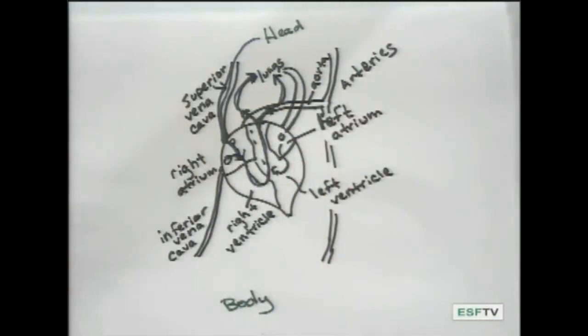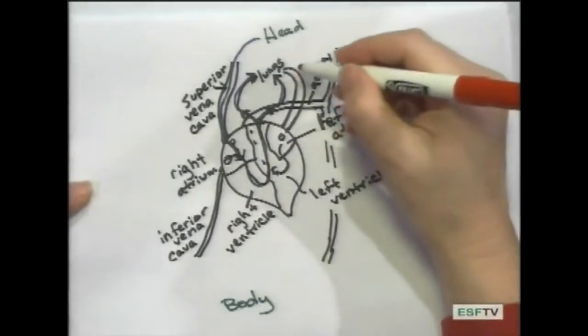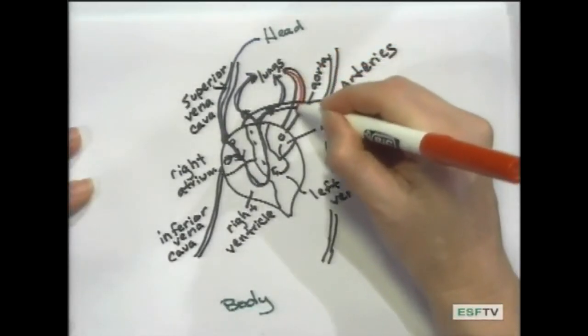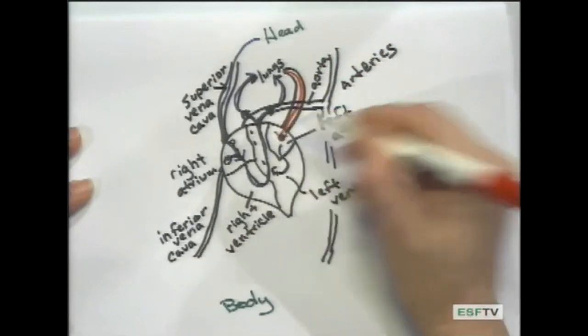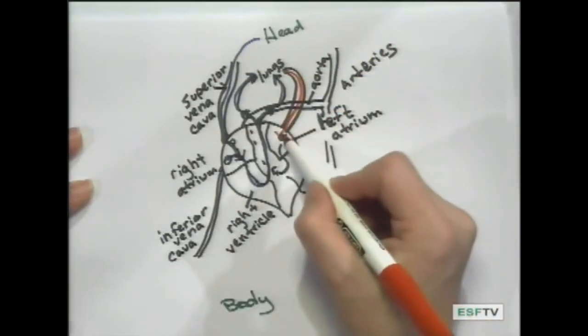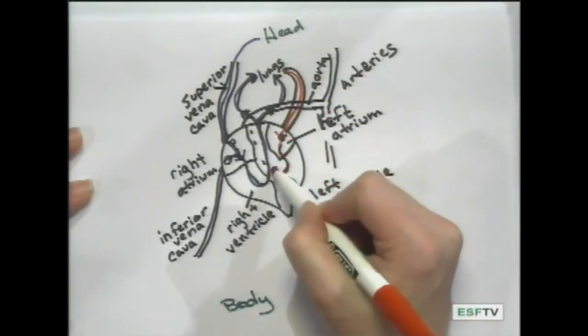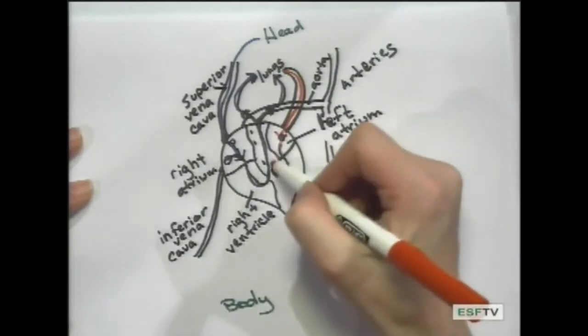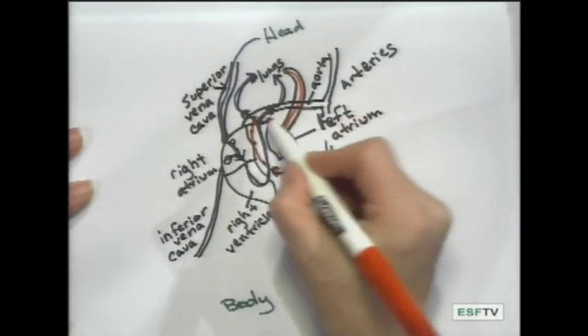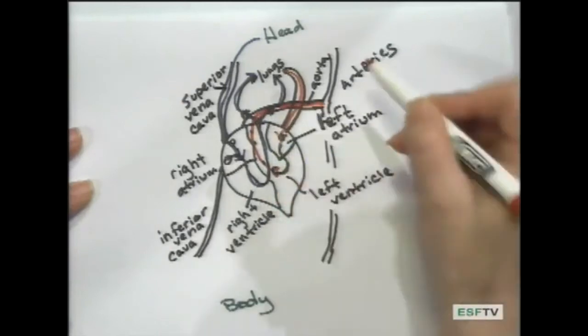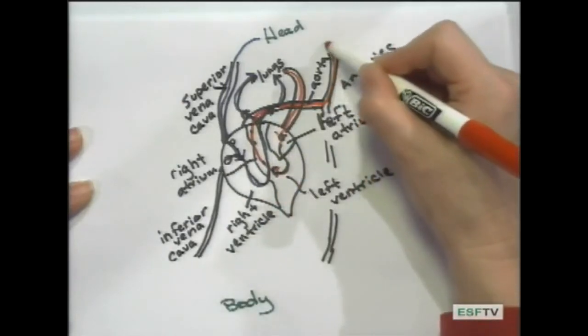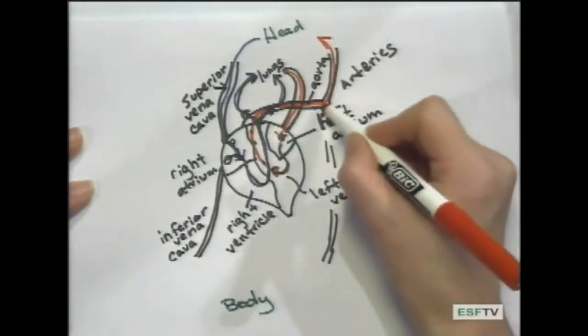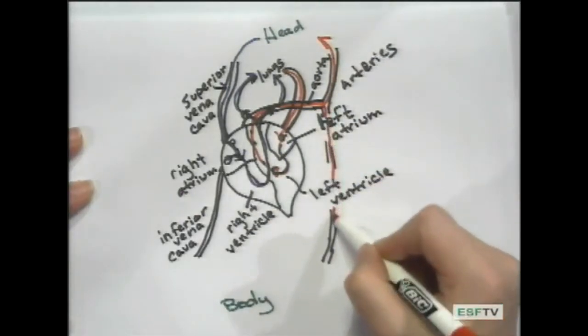Once in the lungs, it will become oxygenated, and it will travel back down to the heart, into the left atrium, through the left ventricle, and travel back up and out the aorta, and then back up to the head, and then down to the body.